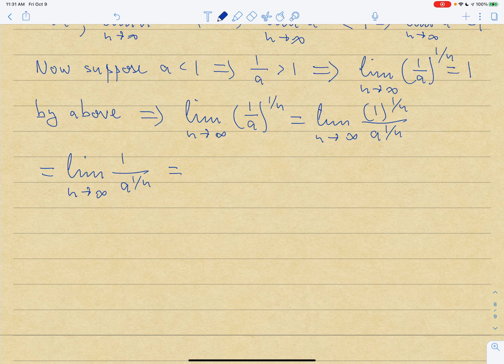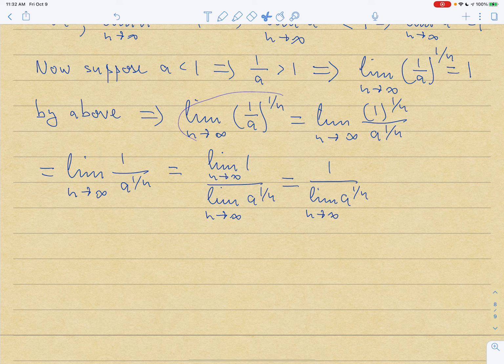So this is the same thing as the limit as n goes to infinity of 1 divided by the limit as n goes to infinity of a to the power 1 over n. The limit of 1 is 1. This is the thing I'm looking for. And I know that the limit that I started with is equal to 1.